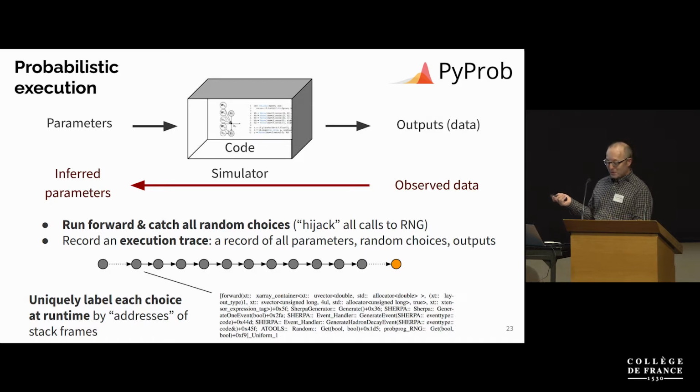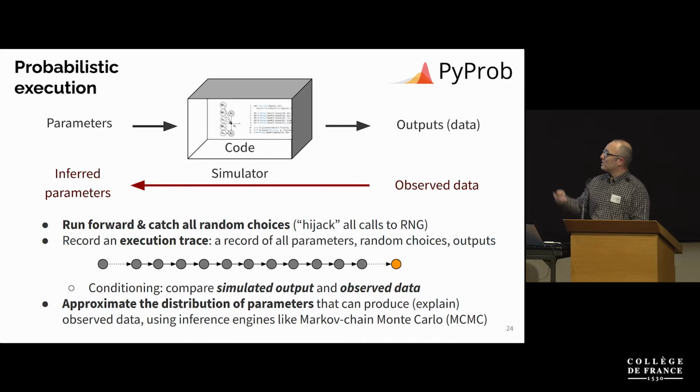Basically, you get stack traces, and you concatenate lots of stuff, basically keeping a history of the whole sequence of function calls that happened until the point where you ended up getting some sort of random number. In this case, it's from a continuous uniform distribution.